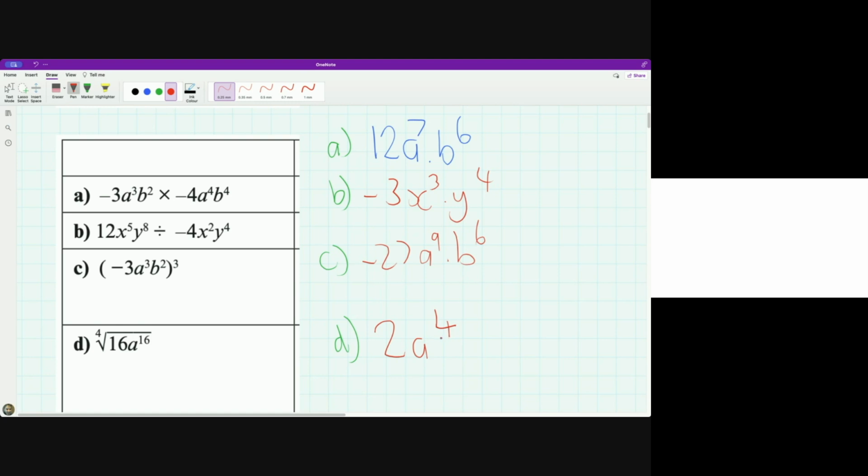So for a lot of students, it might have been a bit tricky to see this one. Are there any questions about A, B, C, and D you would like me to explain further?